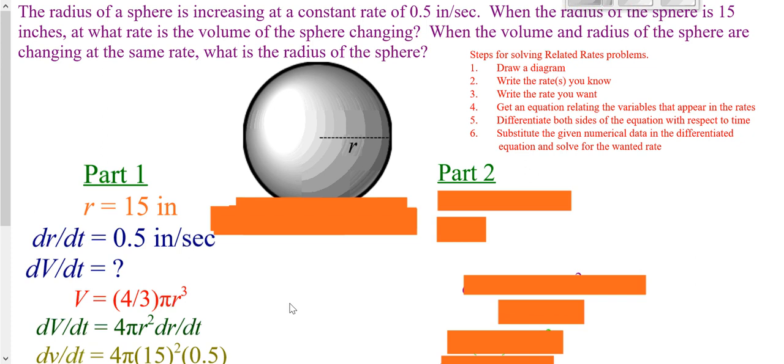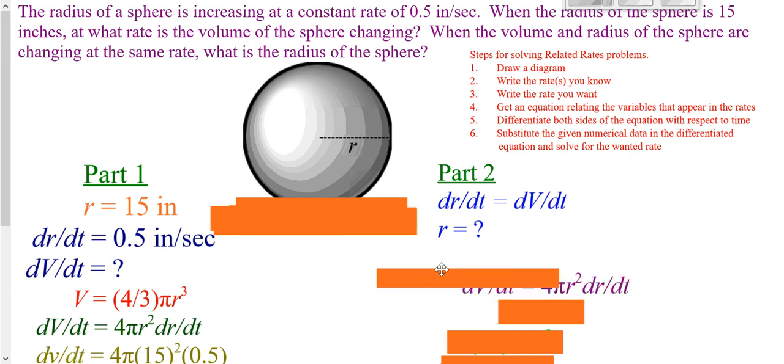Now, for the second part of this question, it is when the volume and radius of the sphere are changing at the same rate. We're wondering what's the radius when the rate of change of the volume and rate of change of the radius are the same. Well, we already had done our derivative.